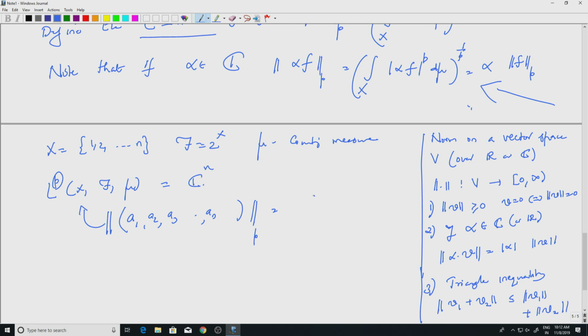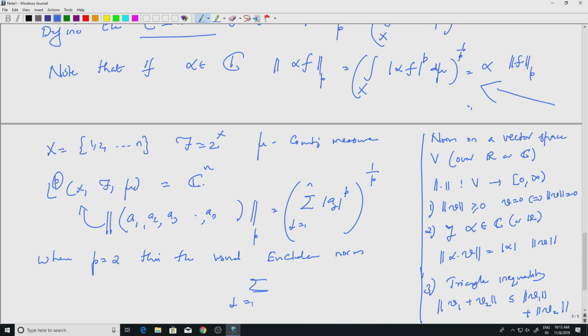The LP norm of this is the summation over j equal to 1 to n of mod Aj to the P, to the 1 by P. So when P equals 2, this is the usual Euclidean norm which you are familiar with: summation j equal to 1 to n of mod Aj squared, to the half.